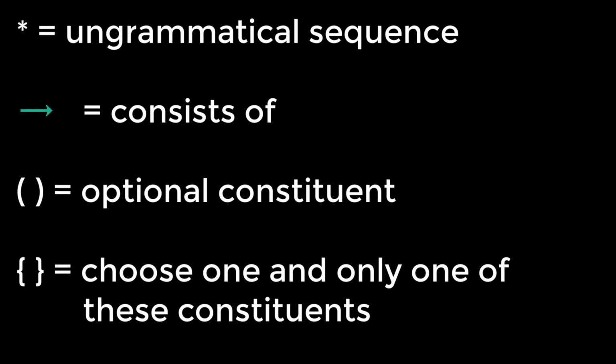An asterisk indicates an ungrammatical sequence. The arrow means consists of. The parentheses, an optional constituent. Curly brackets, one and only one of these constituents must be selected.